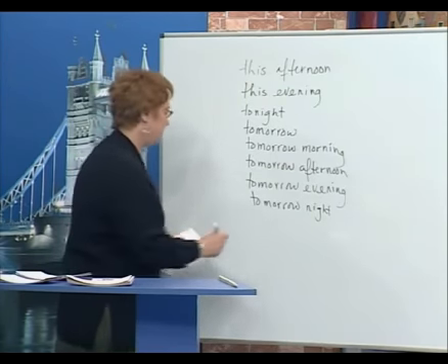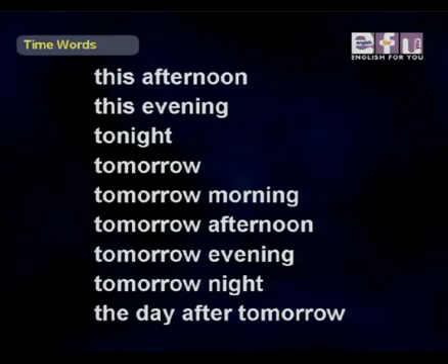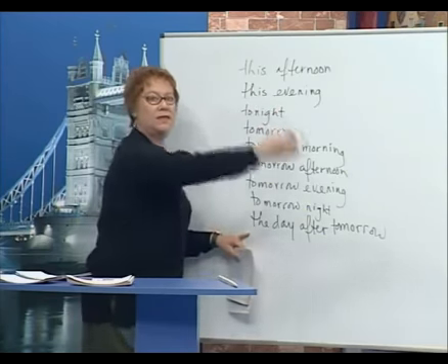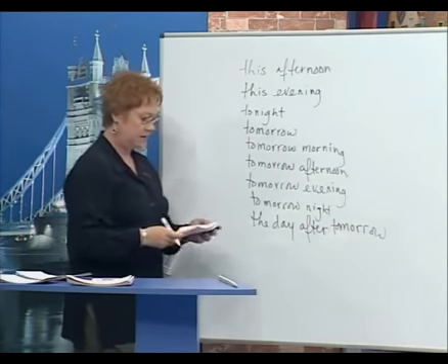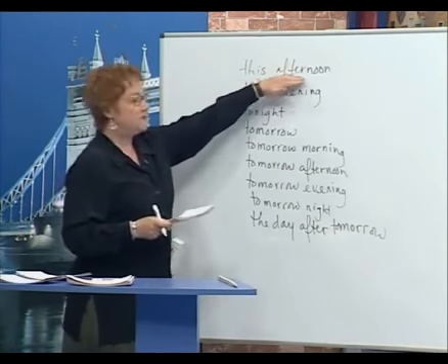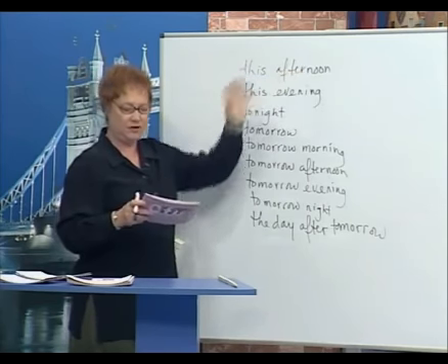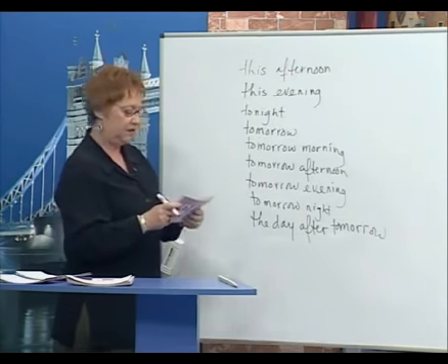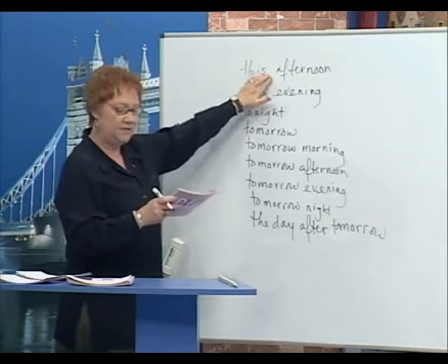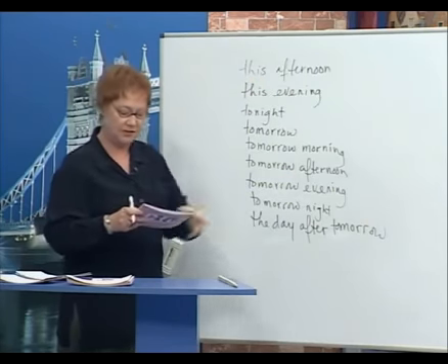We also have the day after tomorrow. Okay, tomorrow, the day after tomorrow. Now, afternoon means the time between lunch and the time work usually finishes. So this afternoon means after lunch today.